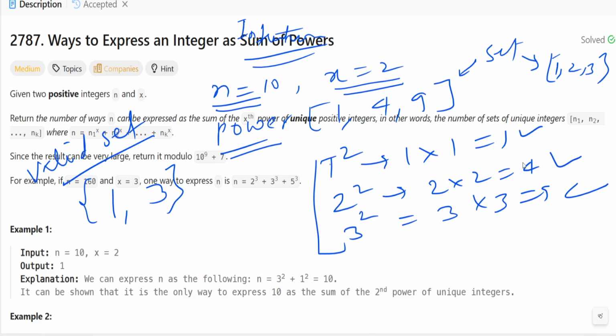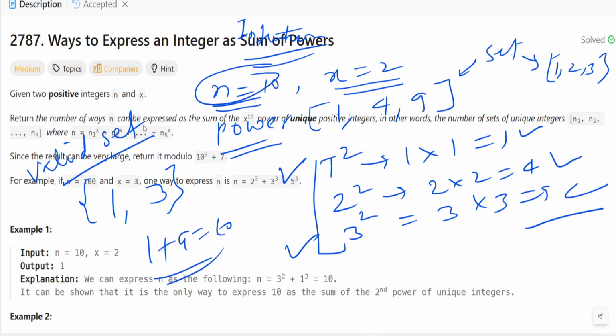If we do the sum, 1 plus 9 equals 10, which is equal to n. That is why we can say 1 and 3 are the valid set. So we return 1, because this is only one way to make the sum, and that is why the output is 1. I hope you understand.